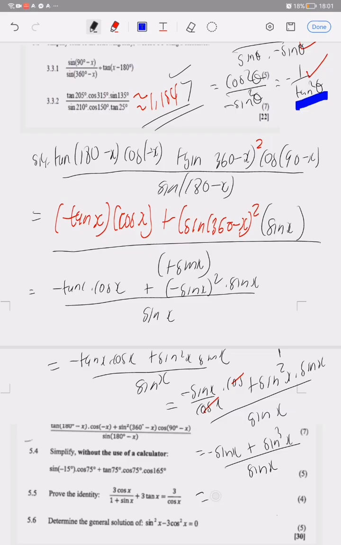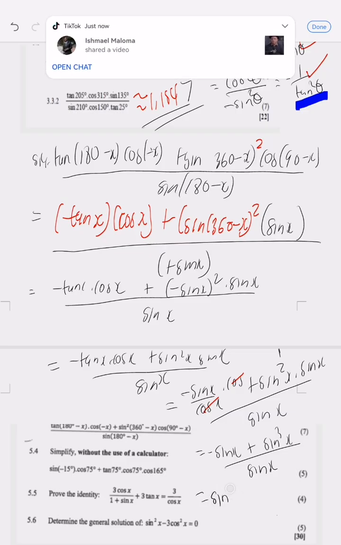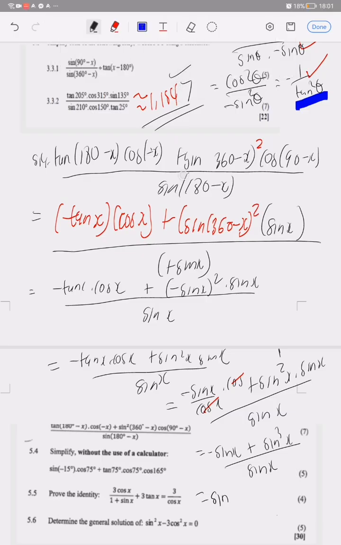Then I factorize, so I can factorize a negative sine x. Yes, let's just factorize negative sine x. Negative sine x times 1 minus sine squared x over sine x.